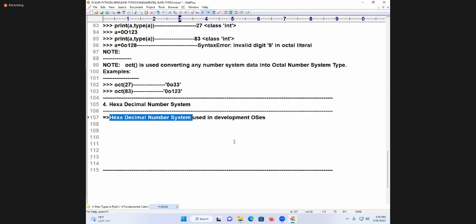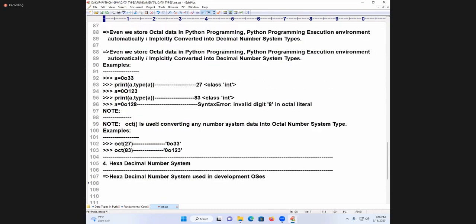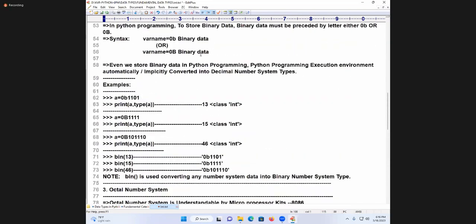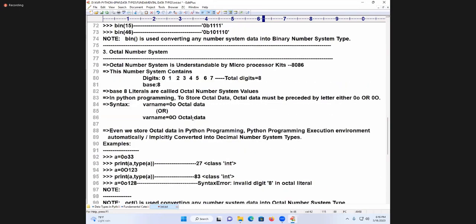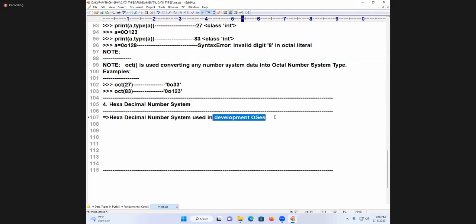Hexadecimal number system. Any OS errors coming nowadays in any OS are coming as error messages in hexadecimal format only. So the binary number system is understandable by OS and processor, and this hexadecimal is used in development of OSs. That is completely different, students.